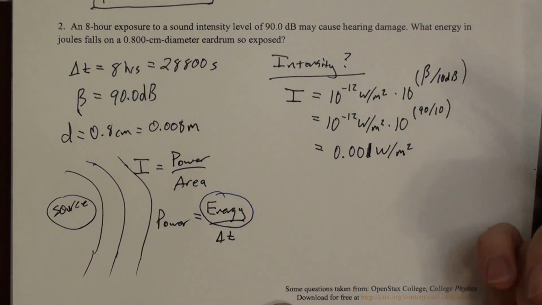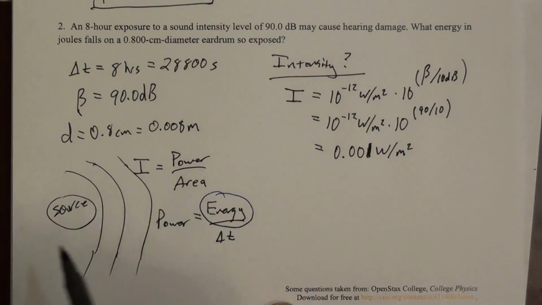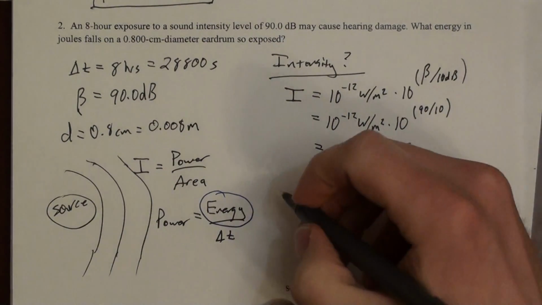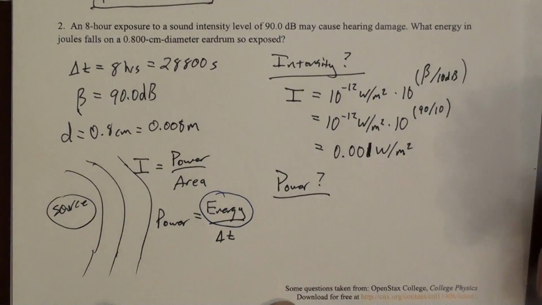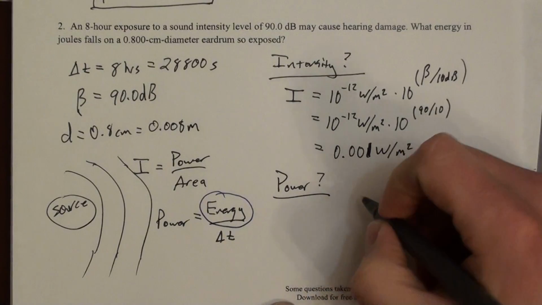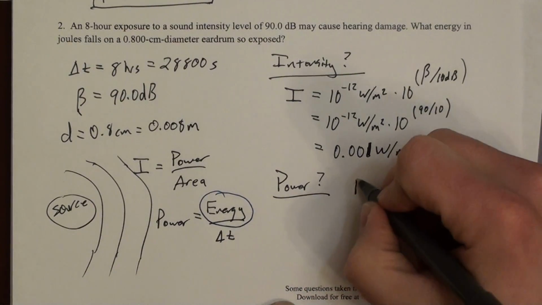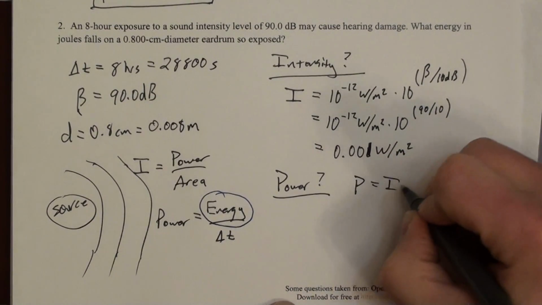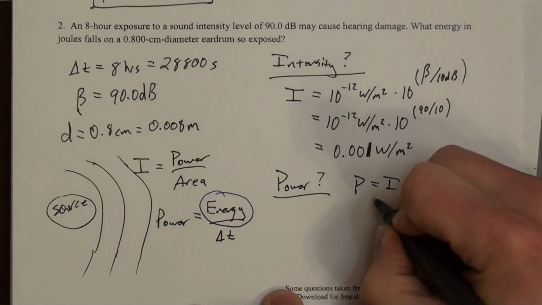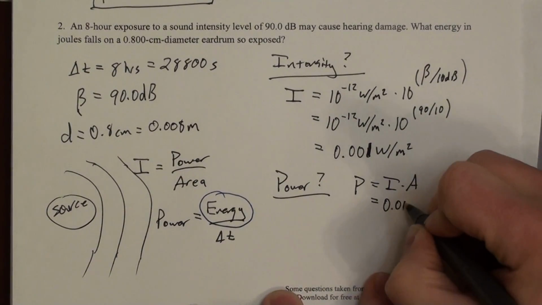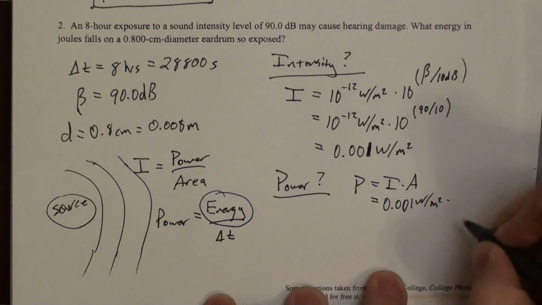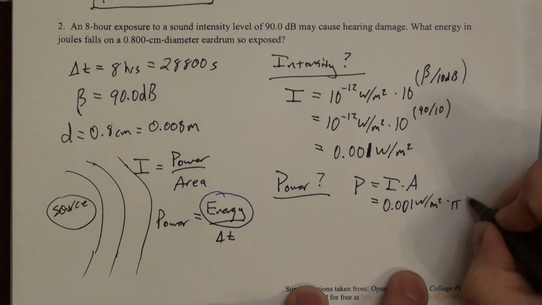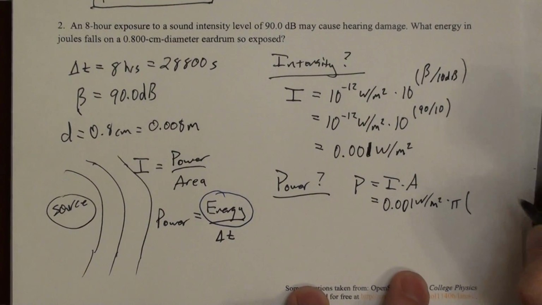So that's my intensity. Now I should ask, what is the power falling on an eardrum with some area? So power is pretty simple. P equals I times A. So intensity was 0.001 watts per square meter, and the area is pi r squared.